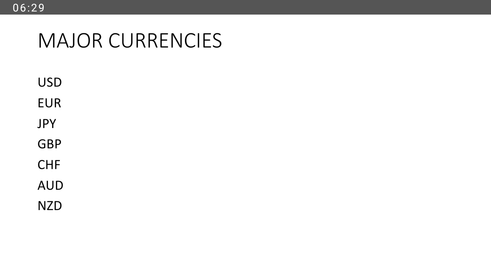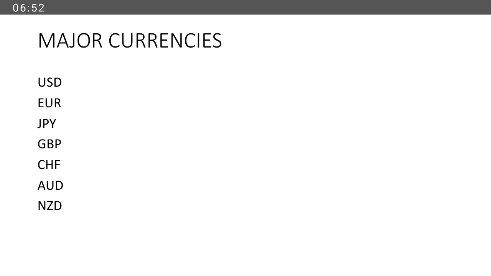That's the number one currency in Forex trading. Then the next one is the EUR. EUR stands for euro. That's the euro currency. You have the JPY, which is the Japanese yen.